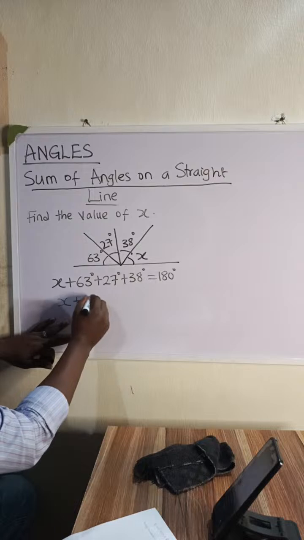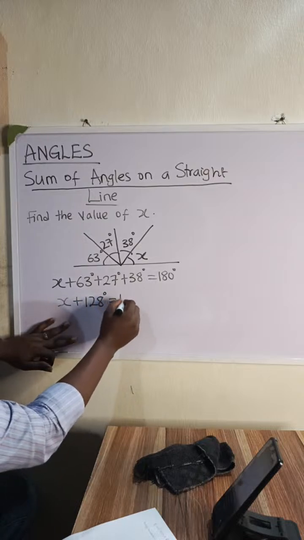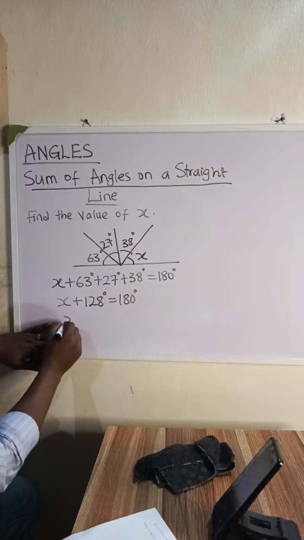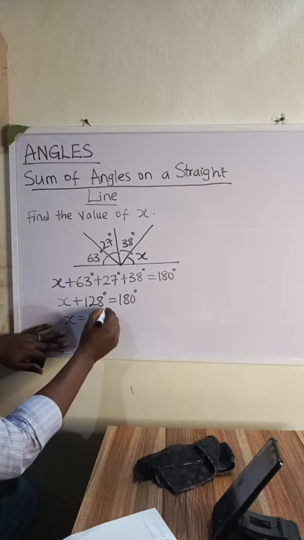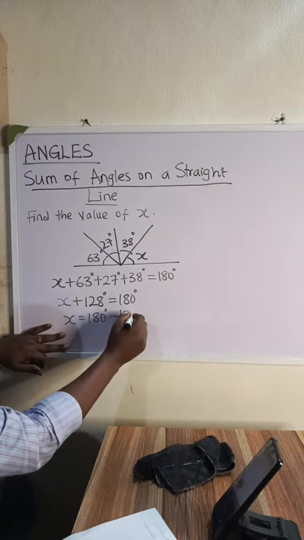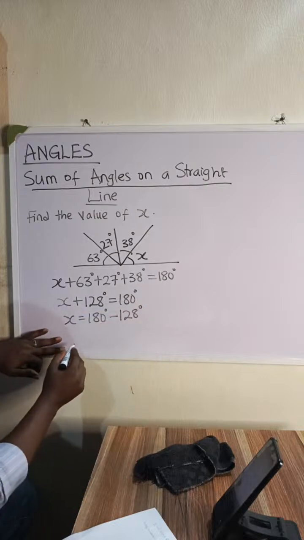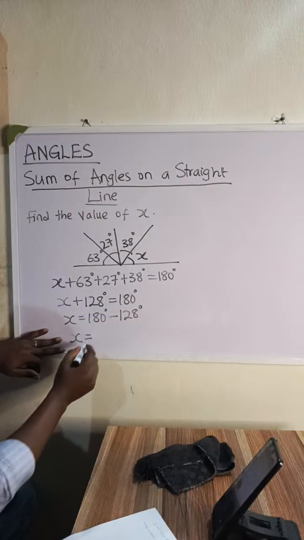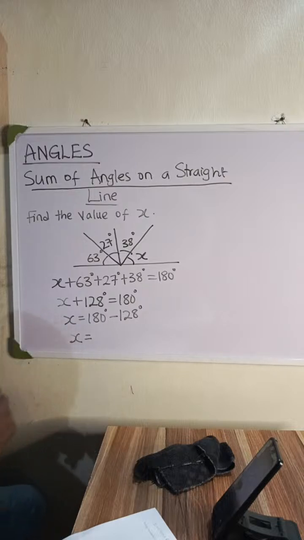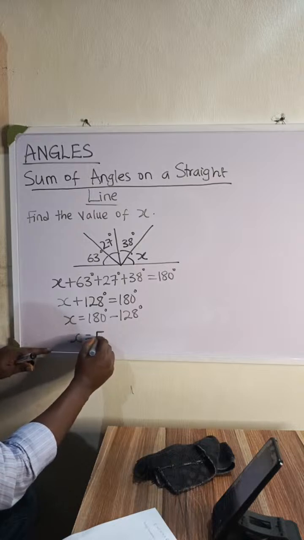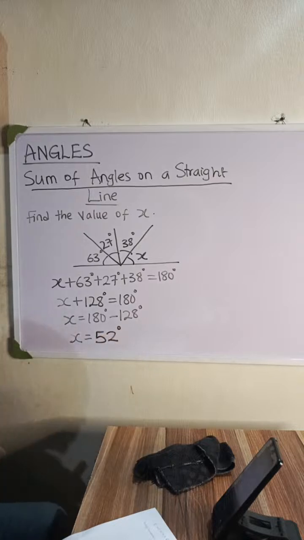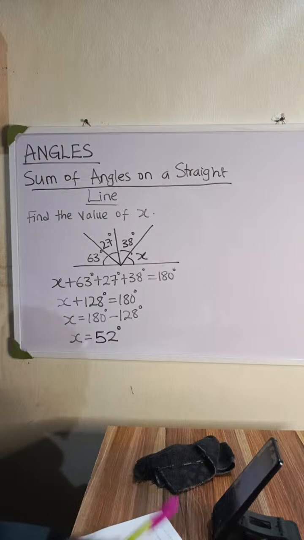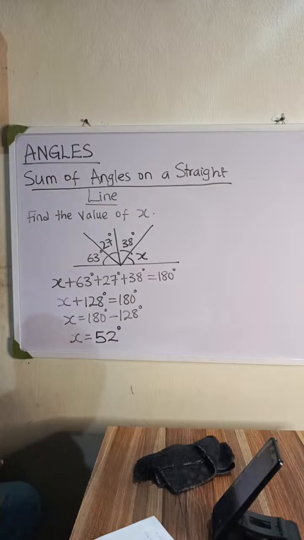So x is equal to 180 degrees minus 128 degrees. This means x is equal to 52 degrees. Okay, so Daniel has an extra tick. He was the first person that brought in the correct answer.